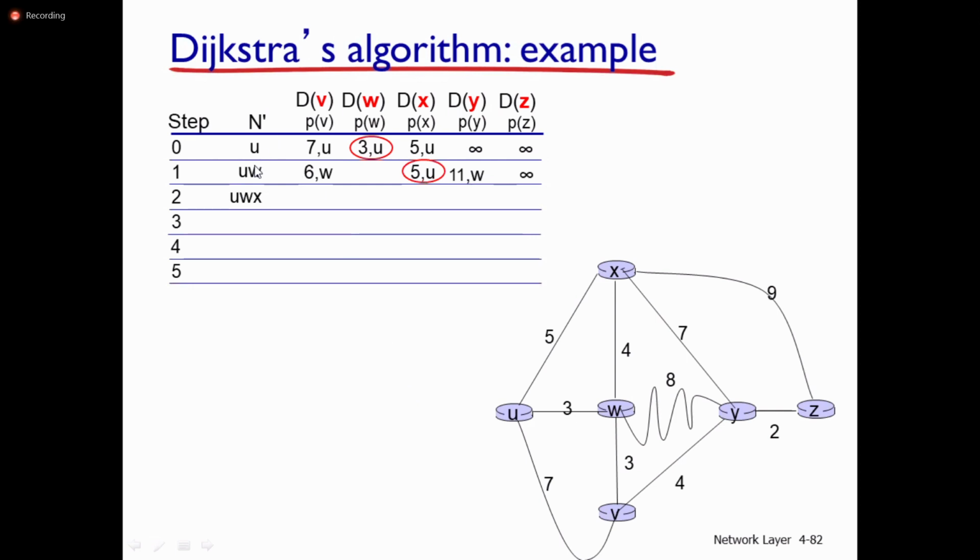That's why now we will move to U, W and X, the least one. From this path U, W, X, we need to find the least cost to all other nodes in the network.